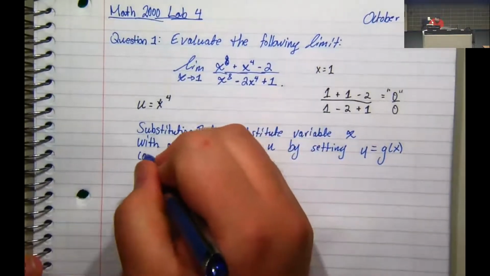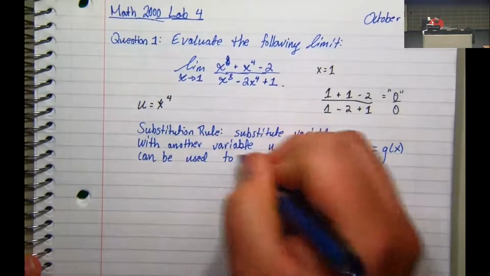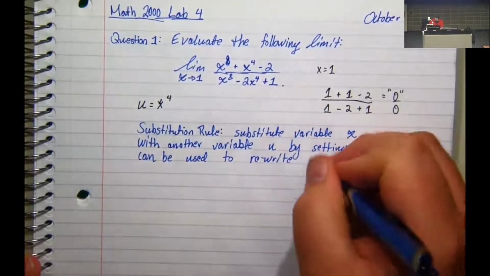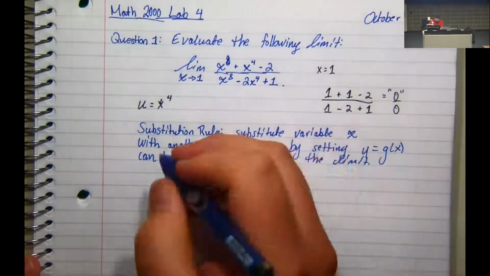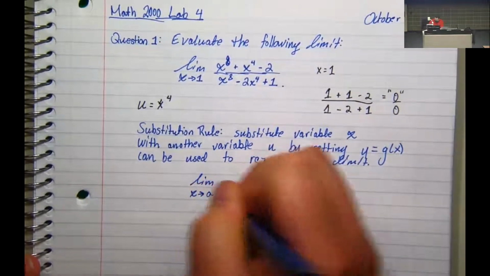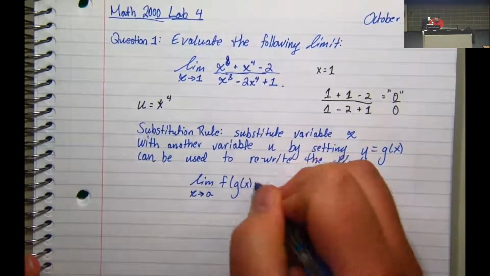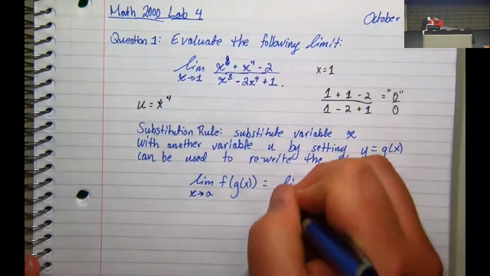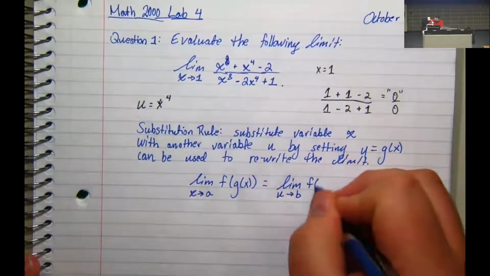Can be used to rewrite the limit. And that is the limit as x approaches a of f at g of x is equal to the limit as u approaches b of f of u.